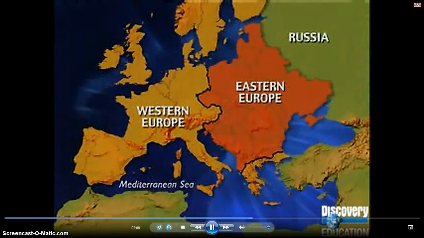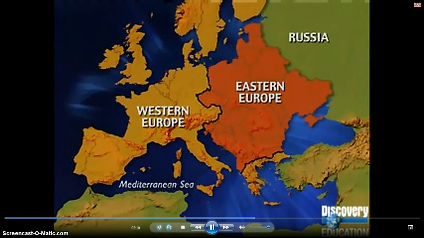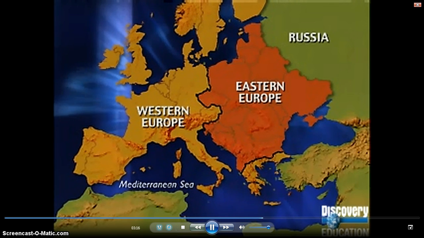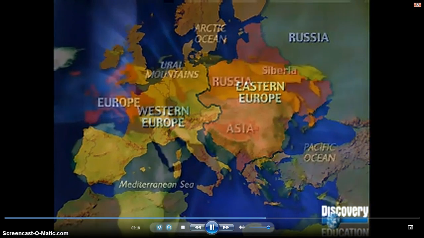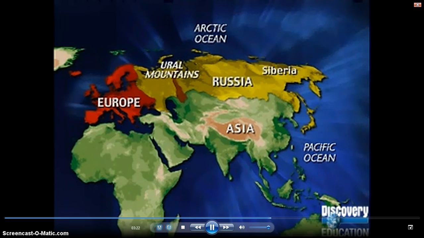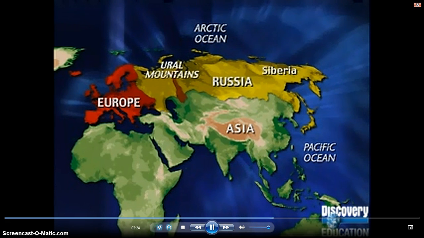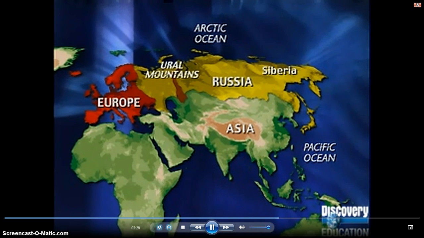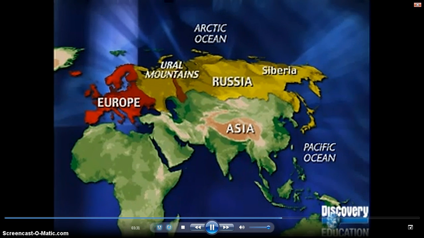The continent is commonly divided between Eastern and Western Europe. Many of the countries in Eastern Europe, along with Russia, were once part of the Soviet Union. Russia is almost twice as large in area as the United States or China, stretching 4,800 miles along the Arctic Circle from Europe to the Pacific Ocean. It forms the entire northern border of Asia.